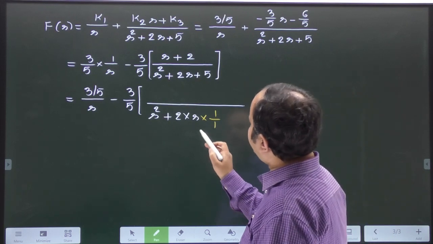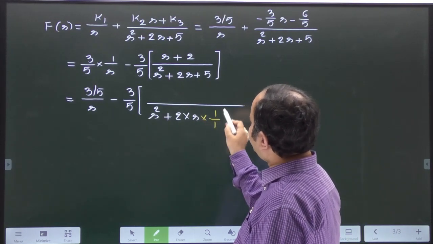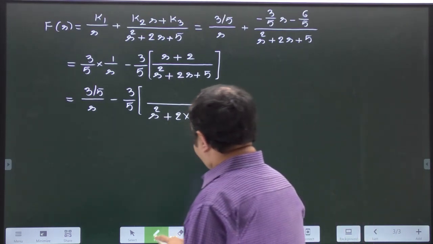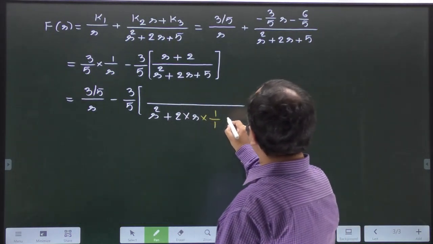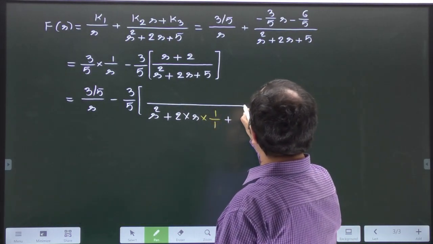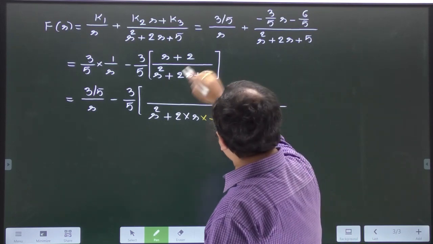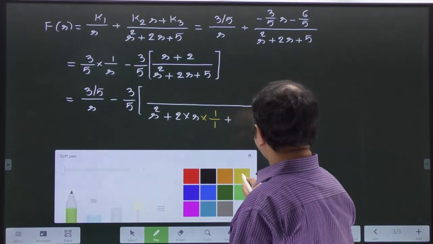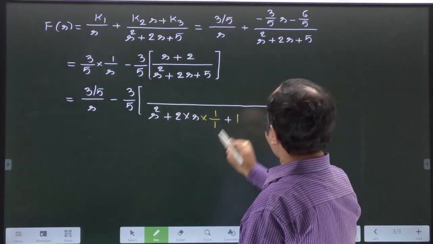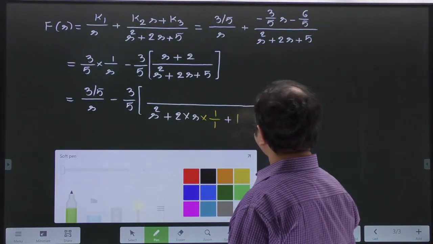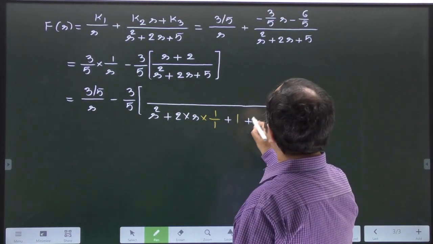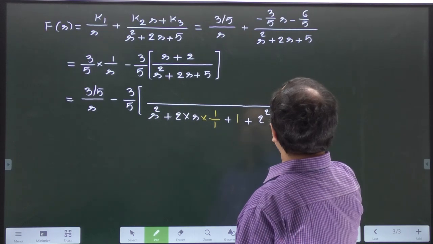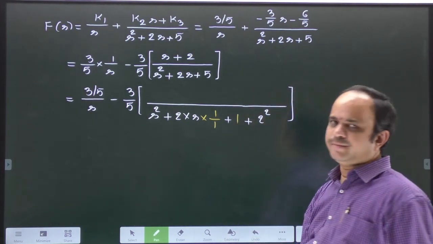So what is the point here? I want 2 here, s into some number, right? Plus this 5, how can I write down? 1 plus 4. Instead of 4, let me write it as 2 square.